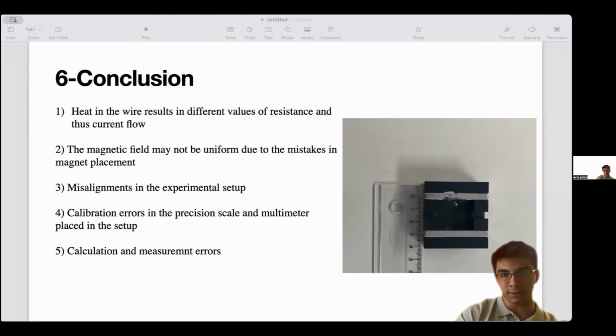Here you can see this is the 2.5 centimeter separation magnet, and part of it is broken, so it might not produce a uniform magnetic field. The errors may also come from small measurement uncertainties. The consistent error pattern across different measurements validates our experimental approach despite these limitations.